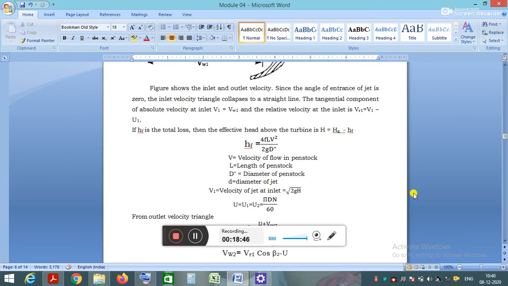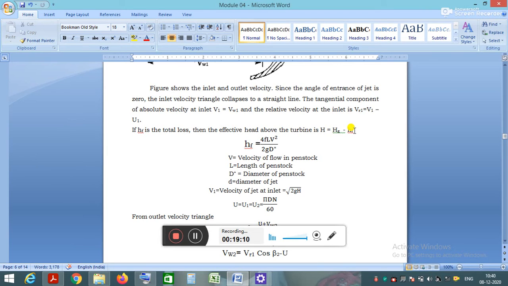If HF is the total loss, then the effective head which is available at the inlet of the turbine is given by H equals HG minus HF. HG is nothing but the gross head or the total head. We already discussed in the last class. Effective head is given by gross head minus the head loss due to friction.